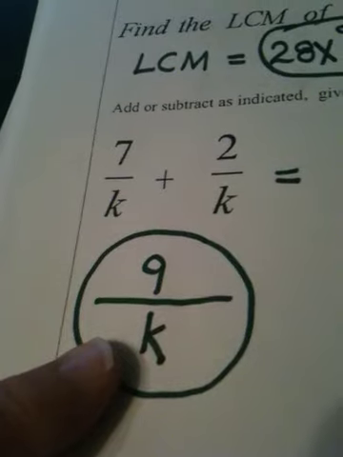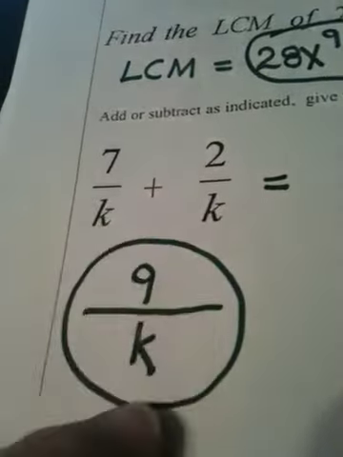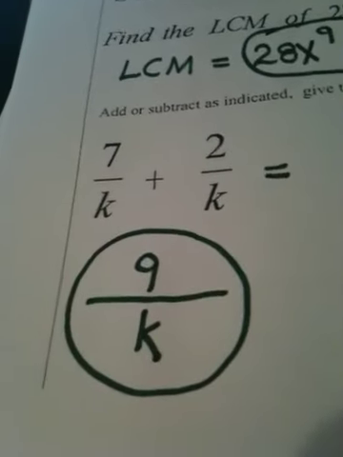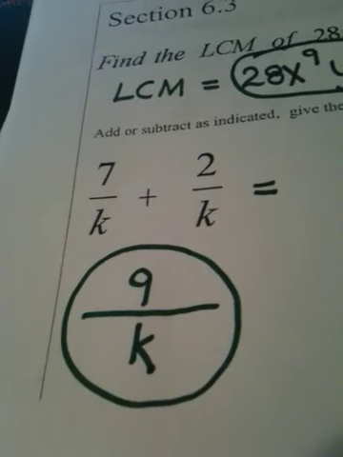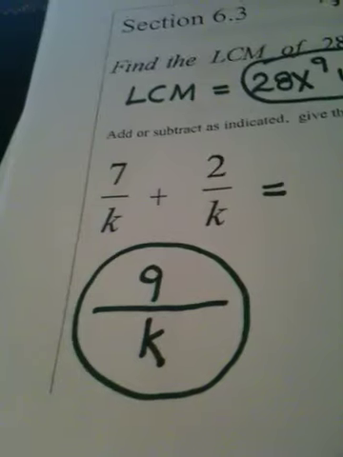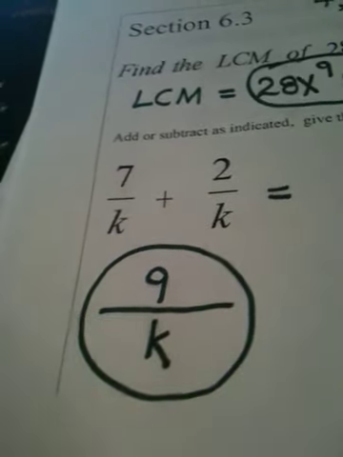Now, part of what makes this problem so easy, the denominators were already the same. And what you need to remember from arithmetic, when you're adding or subtracting fractions, you need identical denominators. Think about this. If you were adding quarts to quarts, you're in good shape.